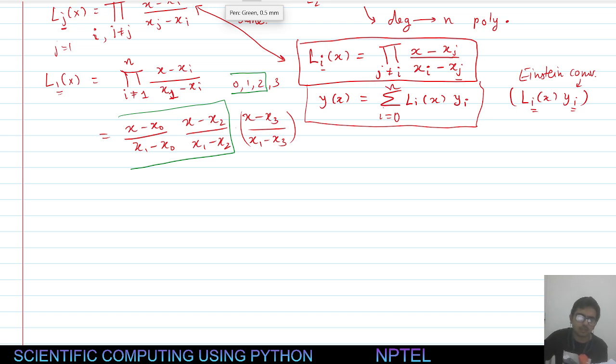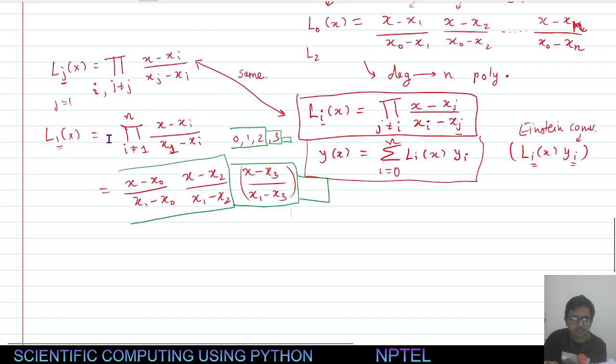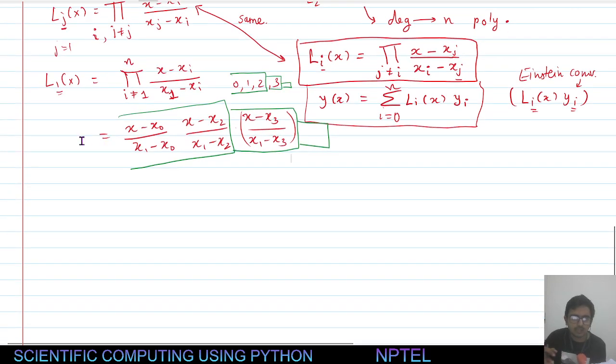If you have a third data point, you have this third term. If you have one more data point, you have one more term. That's my understanding. Still, I'll check once again, and maybe in the next lecture, if it is unresolved, then we can discuss it. Okay, it's fine.